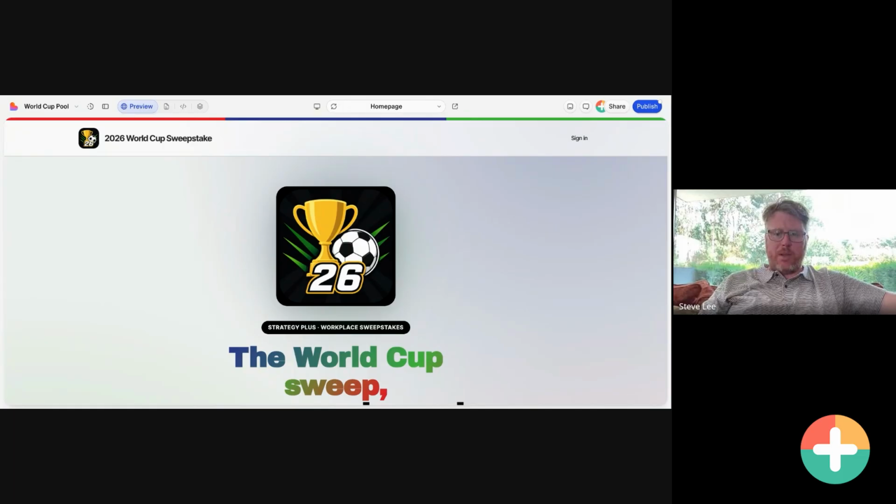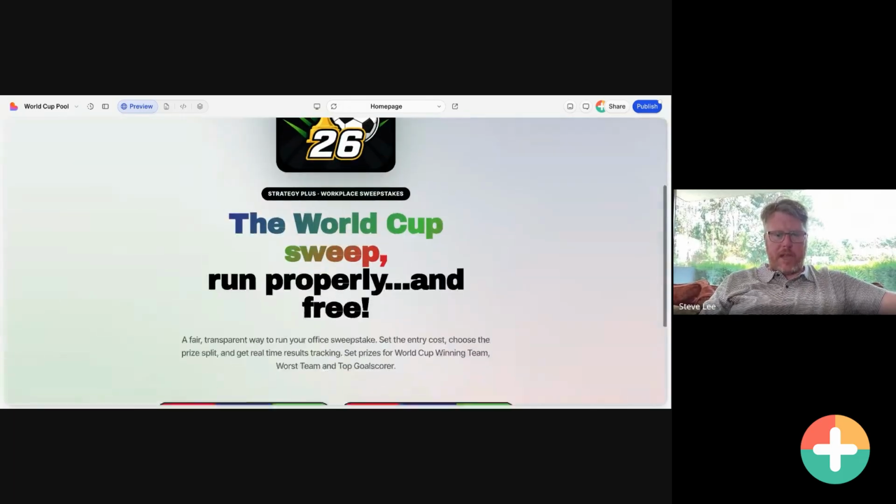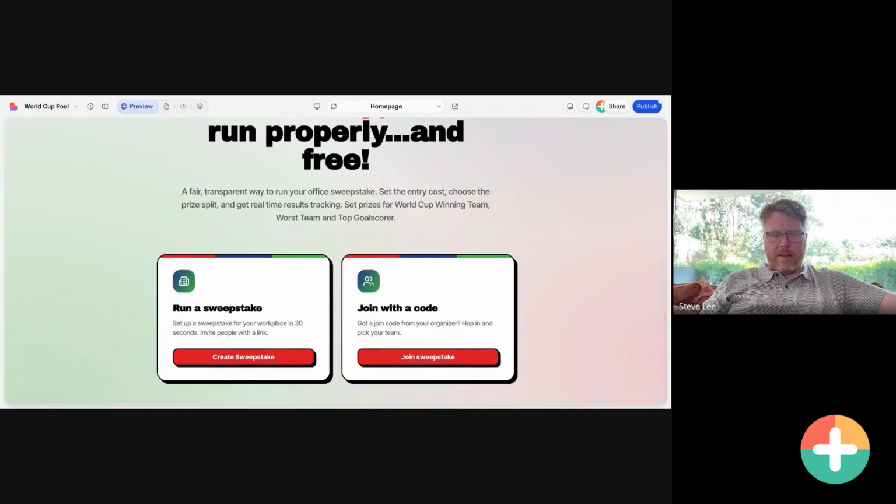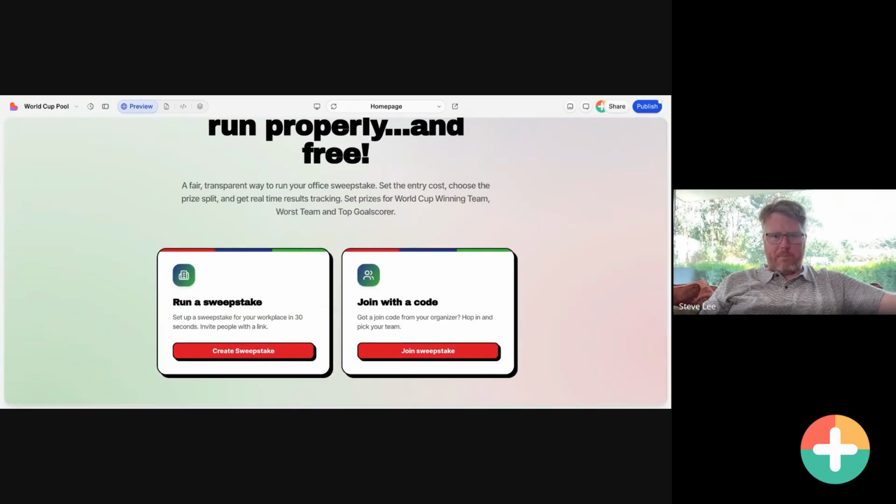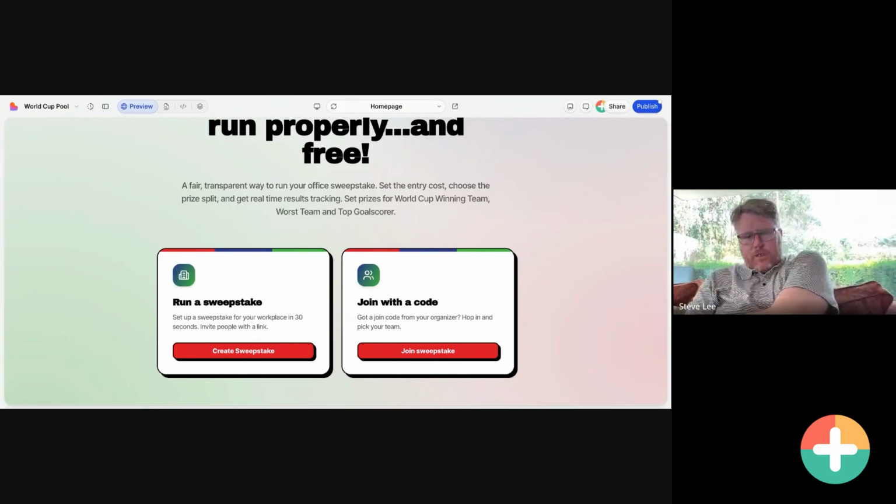So this was designed, built, and everything was hooked up in a day, but obviously there was a bit more planning that went into it. So this just gives people the ability to run an office sweepstake. Now we could have actually turned this into a tool that billed people as well, that people could pay through the app.